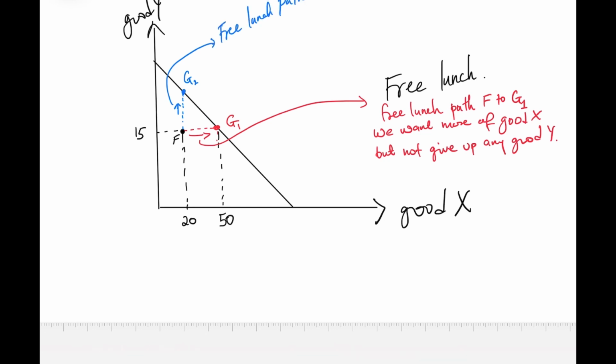Free lunch path F to G2. We want more of good Y, but not give up any good X in the process.